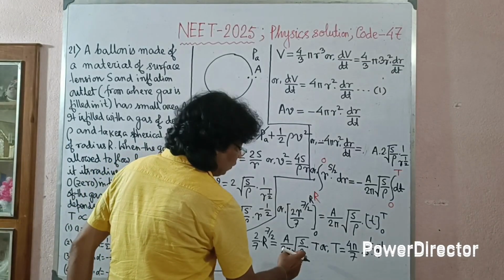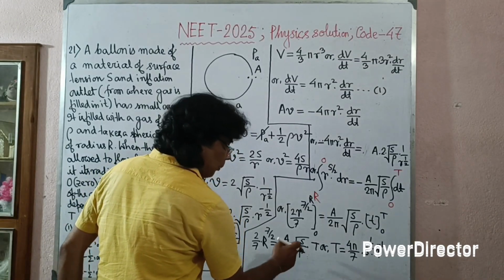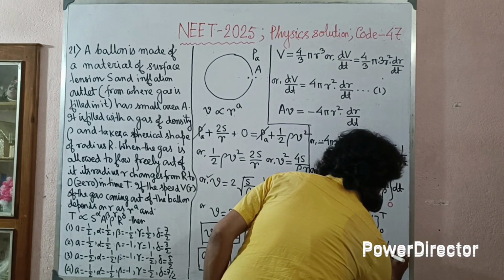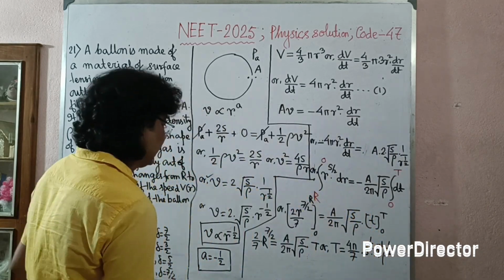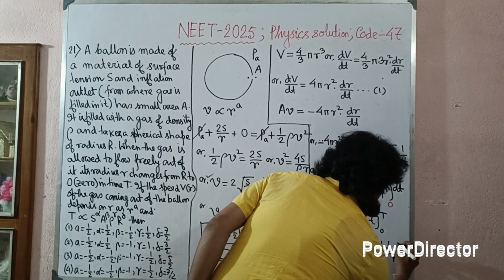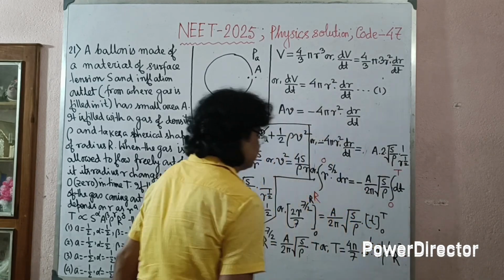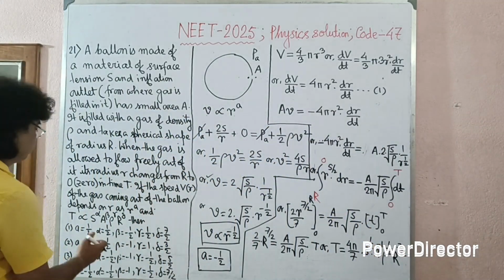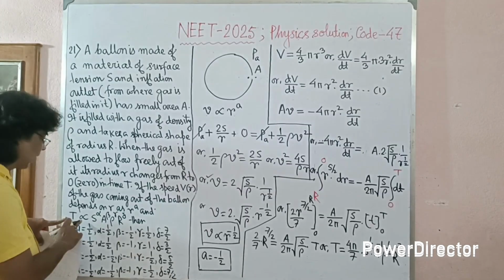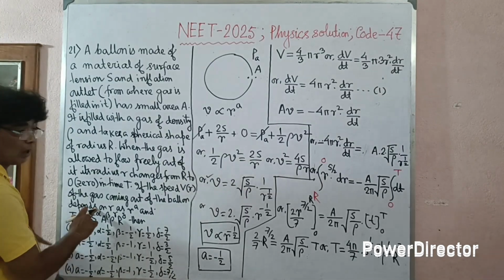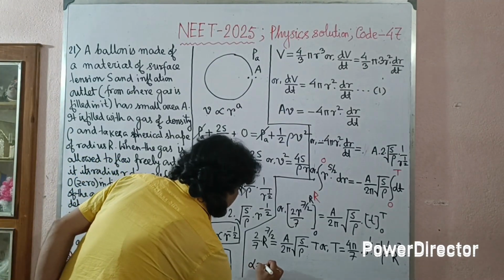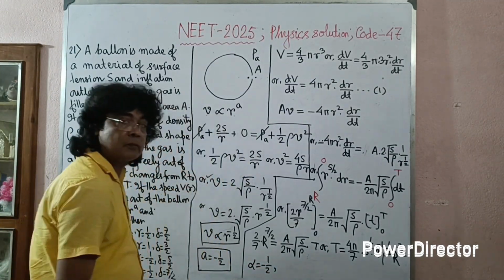Here rho to the power half becomes rho to the power half, and capital R to the power 7 by 2. Now look, the question is capital T varies as s to the power alpha. So alpha equal to minus half.